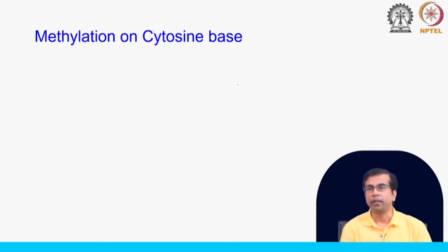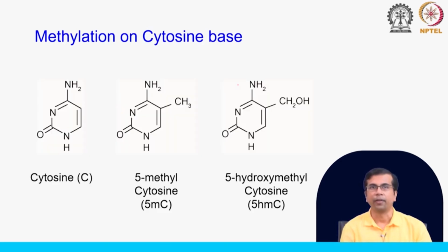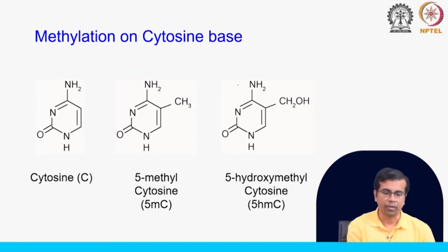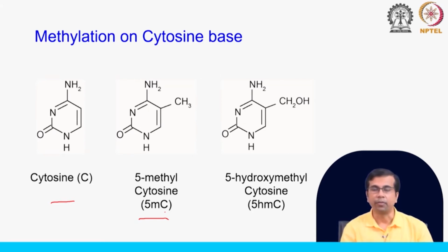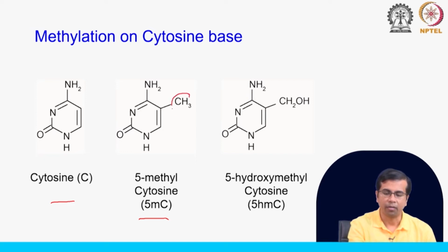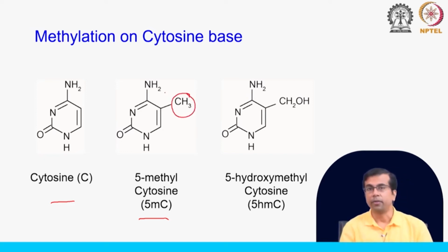Similarly, we have methylation on cytosine, and again I have drawn these modifications for you. On the left you have the cytosine, then in the middle you have the 5 methyl cytosine. This is the most common modification of cytosine that we see. Here is the methyl group, and you also see 5 hydroxymethyl cytosine.